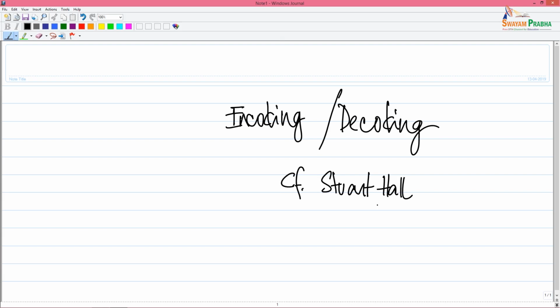Stuart Hall proposes that there are three ways in which one can read the media as a text.